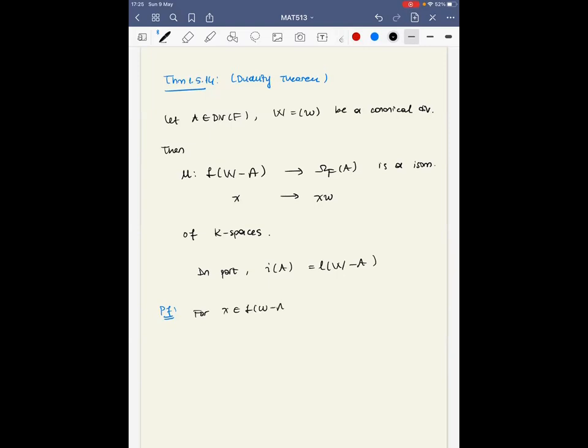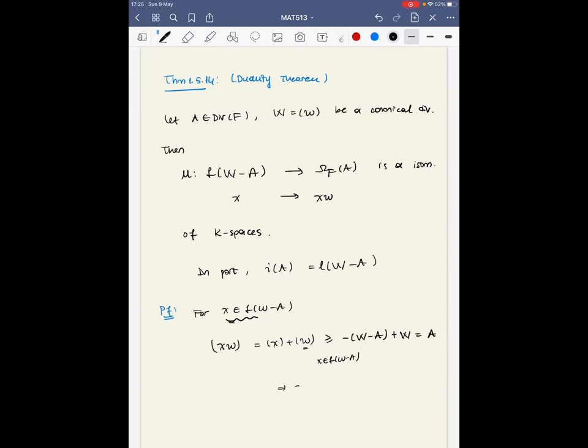In particular, if you consider a function x from the Riemann-Roch space of W minus A, we know that the divisor of its image, which can be written as the sum of the principal divisor of x plus the divisor of the Weil differential omega, is bigger than or equal to W minus A, because x was chosen from the Riemann-Roch space, plus W. Indeed, this is bigger than or equal to A.